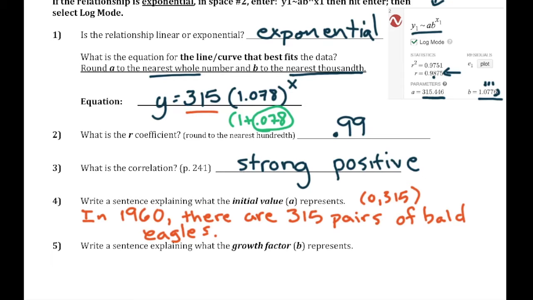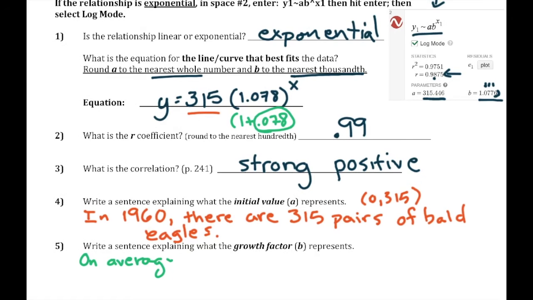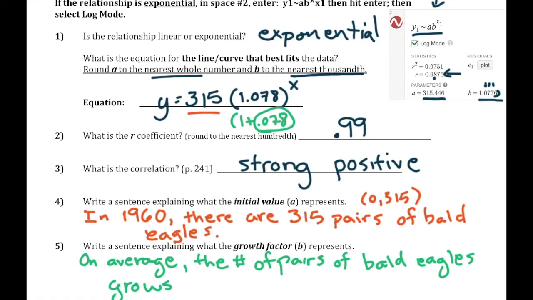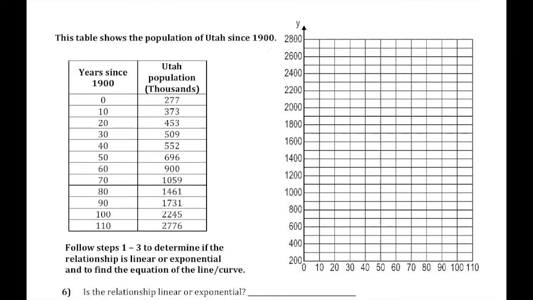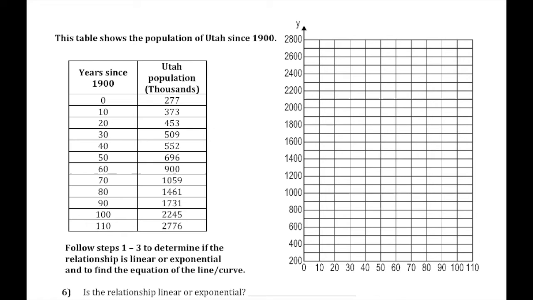So what we're going to say is that on average, remember, because it's not going through every point, on average, the number of pairs of bald eagles grows 7.8%. So notice I changed it to a percentage here. 7.8% every year.